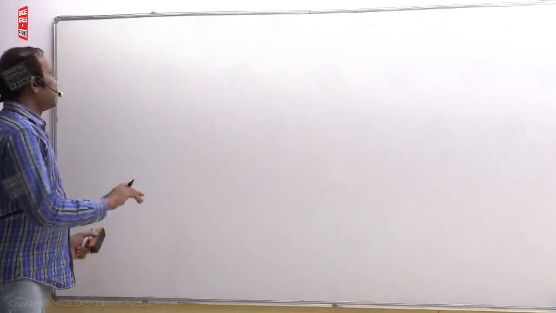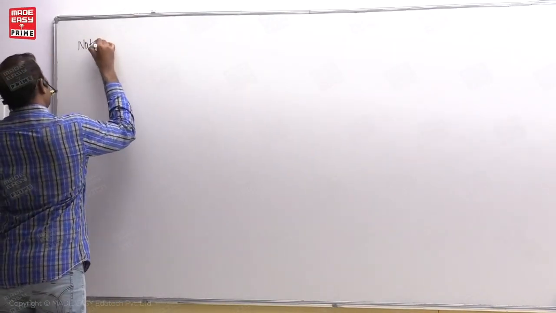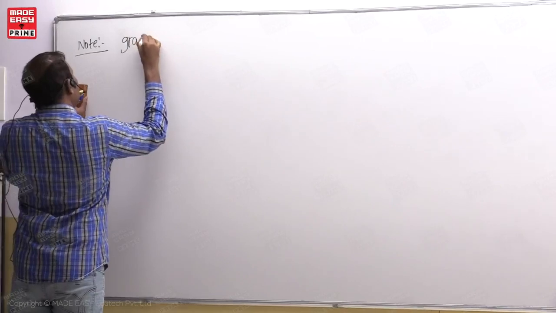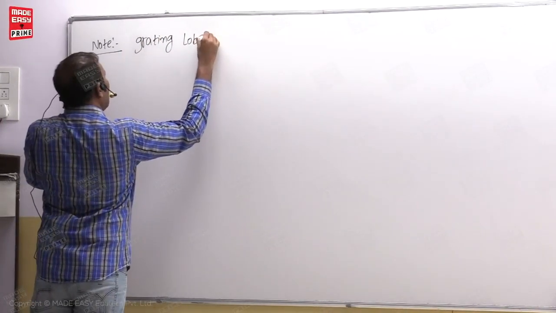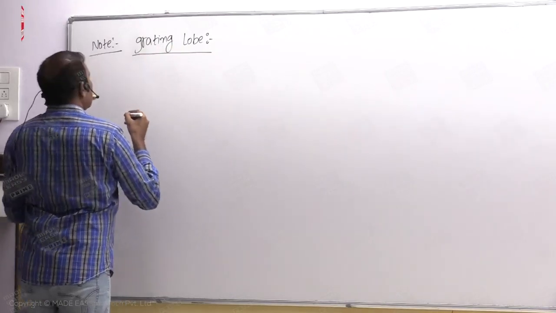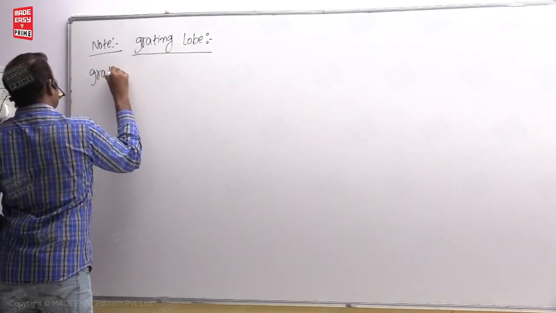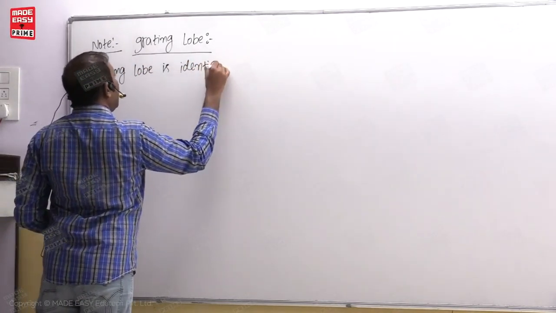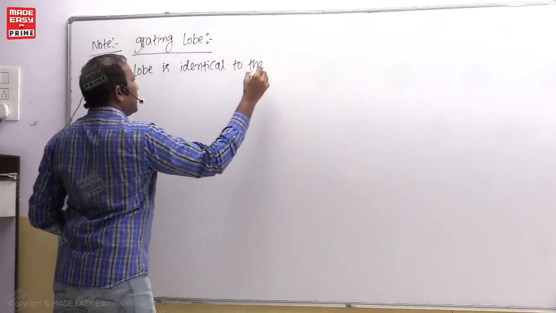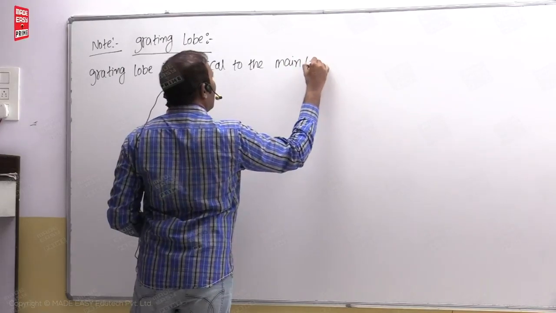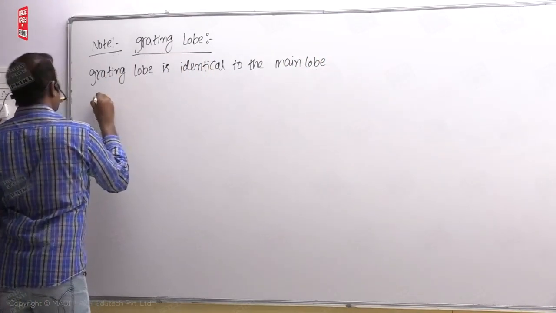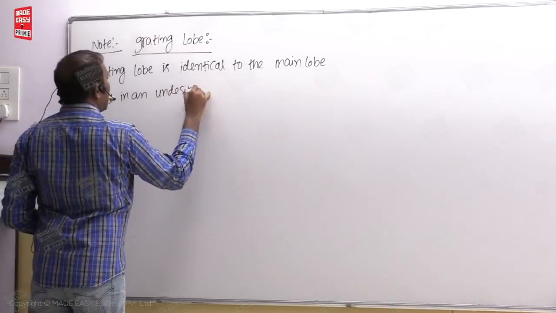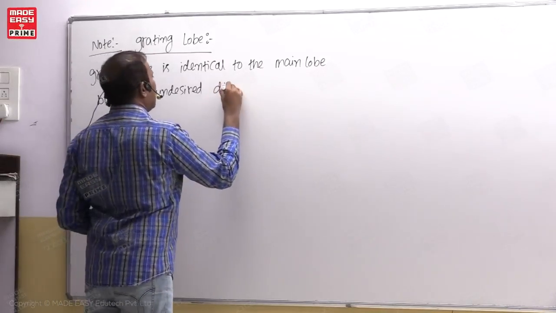Okay. So dear students, now let us write one note, that is grating lobe. Grating lobe is identical to the main lobe, but in an undesired direction.